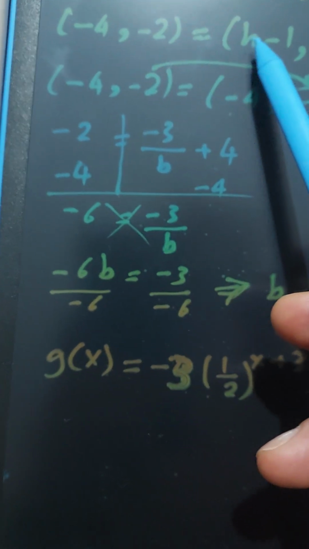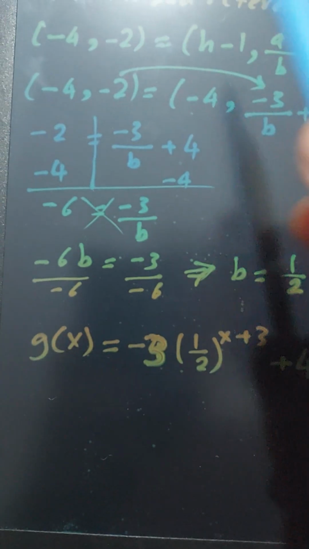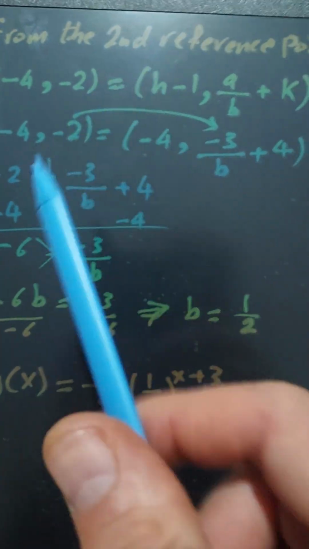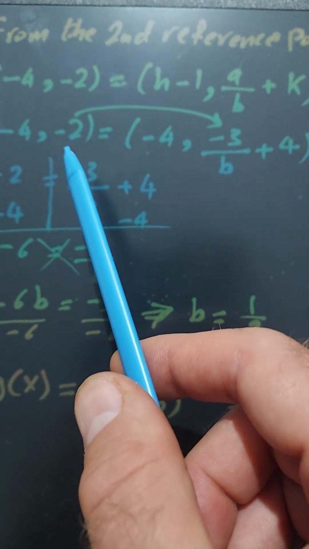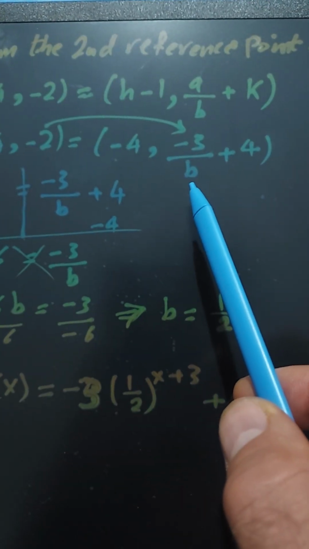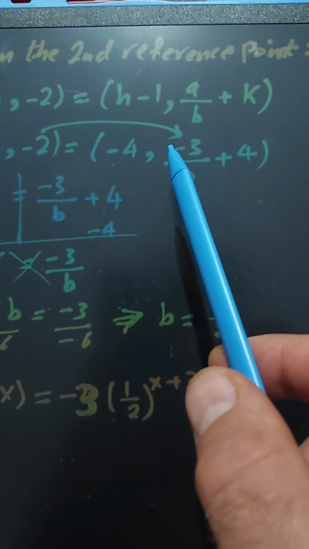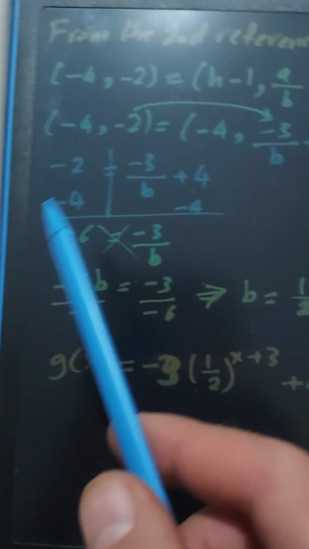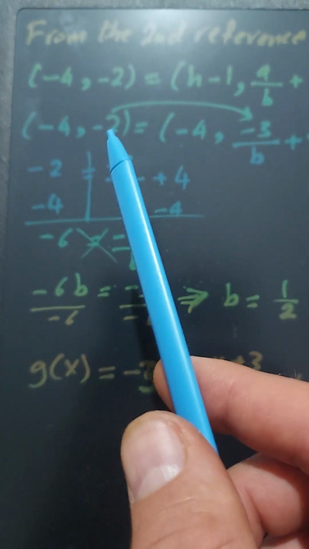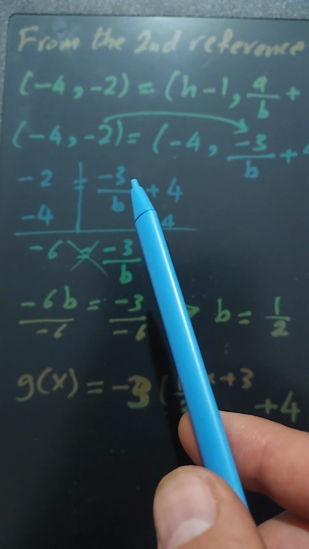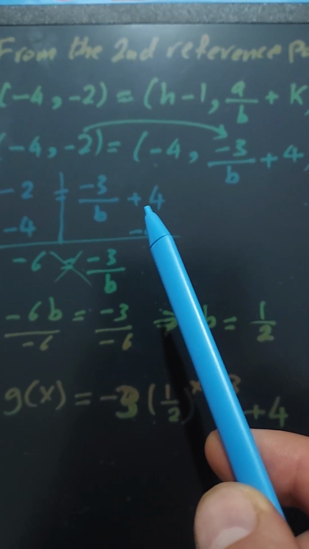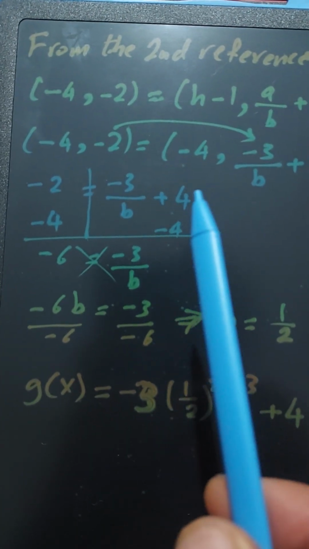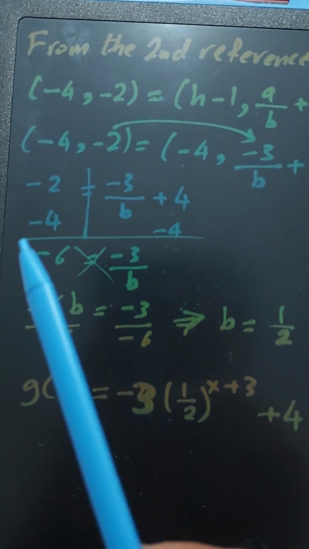We know the h value is -3 minus 1, which gives us -4, so you can see the two values are equal. For the second value, -2 equals a divided by b plus 4, where a is -3. So -2 equals -3 divided by b plus 4. Now we move the 4 to the other side, so -2 minus 4.